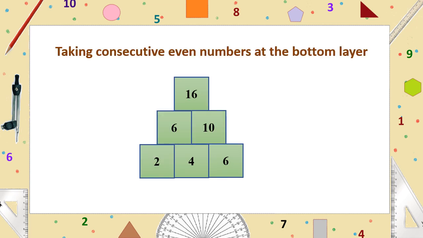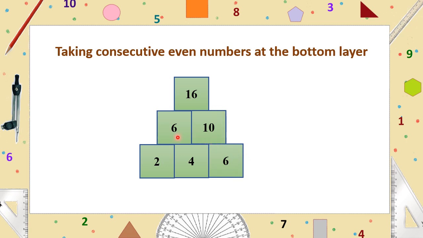Here, the bottom layer numbers are consecutive even numbers: 2, 4 and 6. Here, 2 plus 4 is 6. 4 plus 6 is 10.